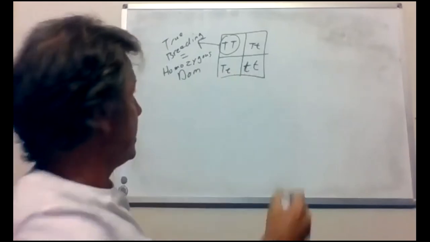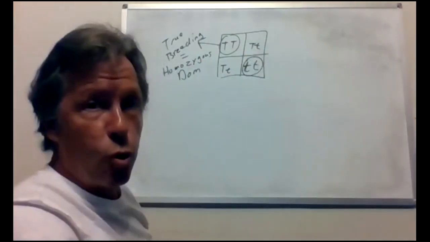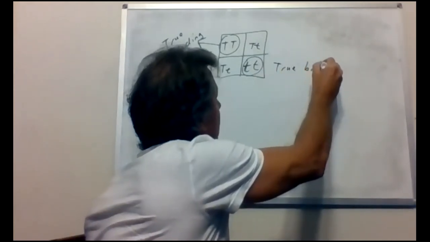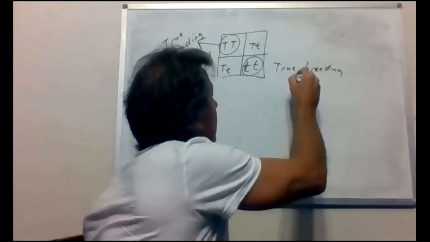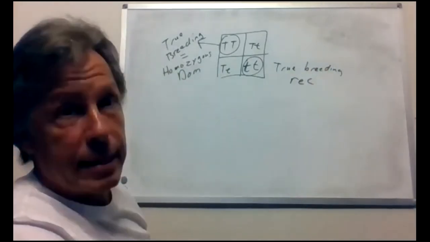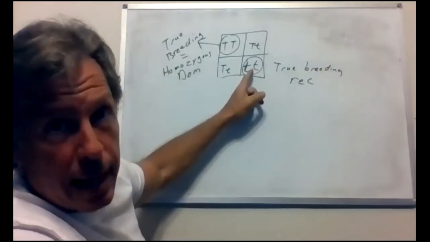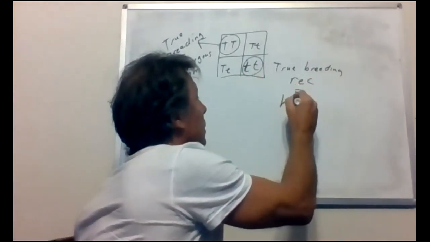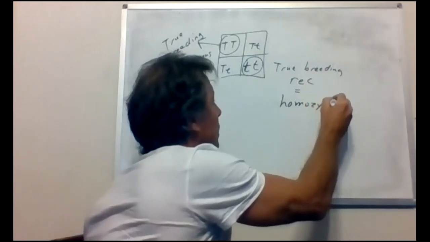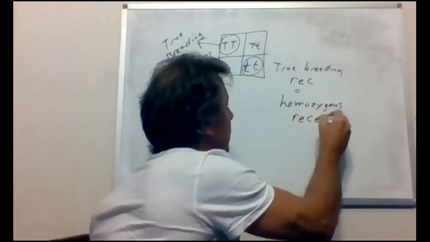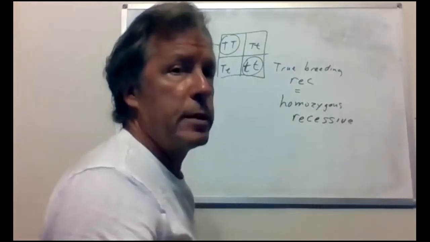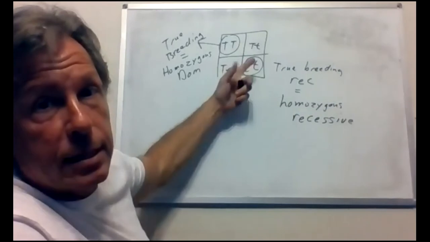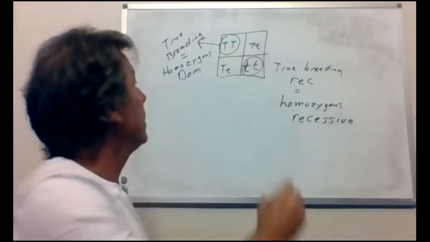Now, when he takes these guys with short, he's going to get true breeding recessive. What that tells us is that both of the alleles are the same. This is homozygous recessive. But now what about these two? What happens when he self-fertilizes these guys, right?